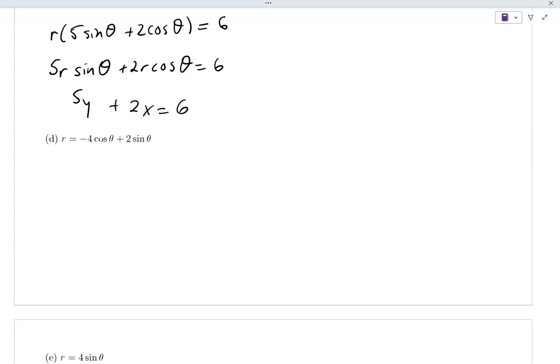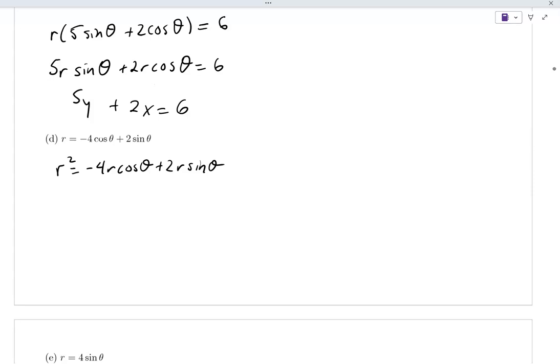Multiply by r, good. If I multiply both sides by r, not only do you get r cosine theta and r sine theta here, what do you get on the left-hand side? R squared, which is also good, right? So first, let's multiply both sides by r, and distribute the r through. So we end up with r squared equals negative 4r cosine theta plus 2r sine theta.